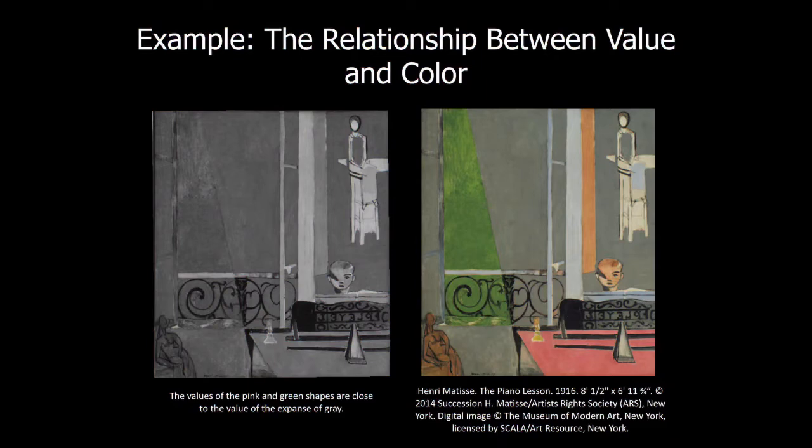And notice that the green that was very noticeable on the right side isn't as noticeable as that area on the left side. That green is very close to that gray color right behind it, the gray in the negative space.